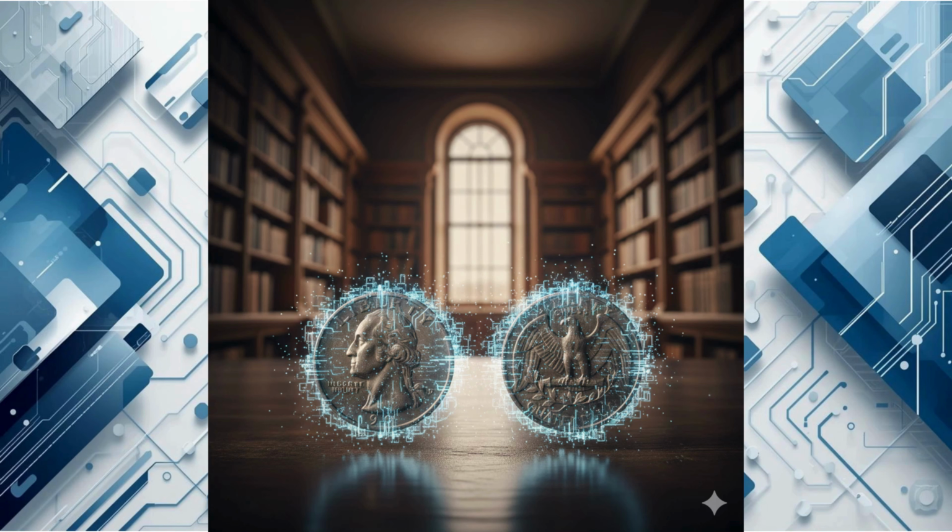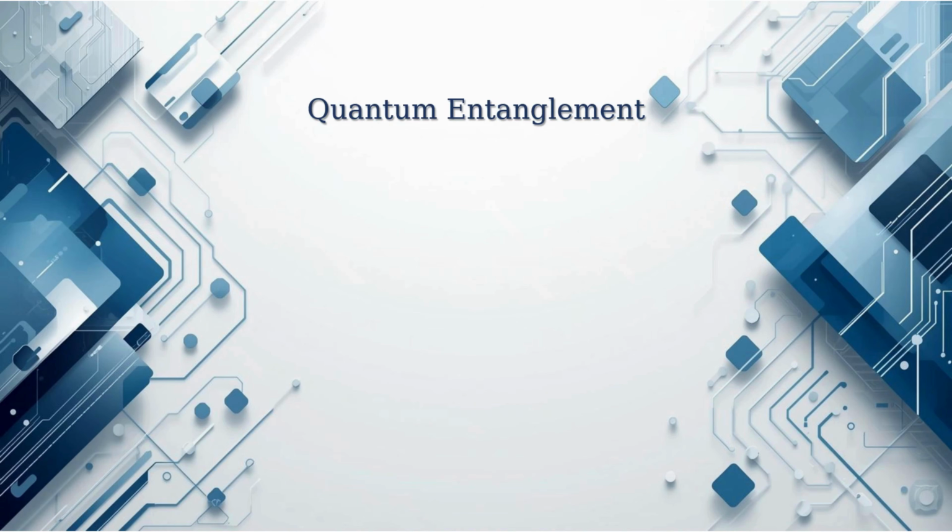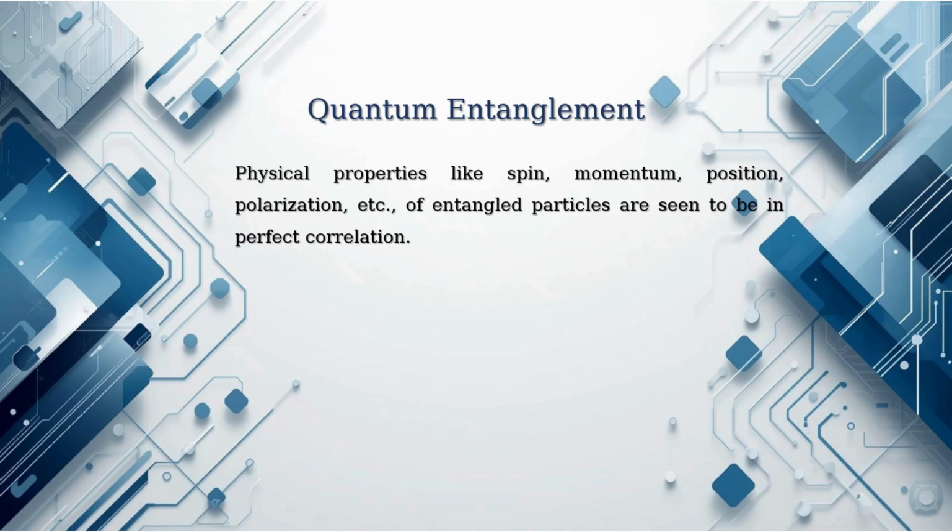This quantum entanglement is a primary feature in quantum mechanics. It is not present in classical mechanics. Physical properties like spin, momentum, position, polarization, etc. of entangled particles are seen to be in perfect correlation.